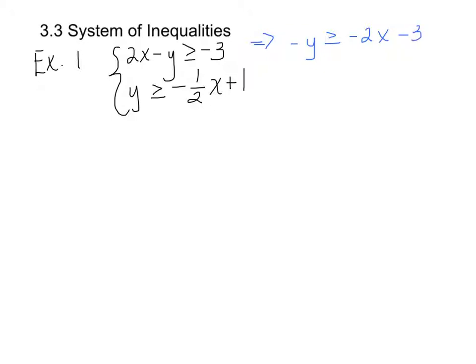Then I have to divide by -1. Don't forget to switch the inequality. And then you can see that the second one is already in slope-intercept form. So then we proceed to graph.